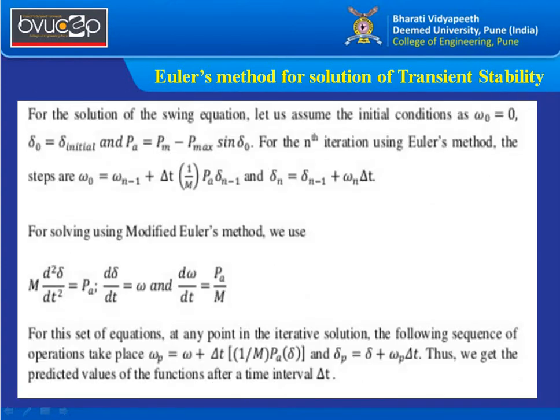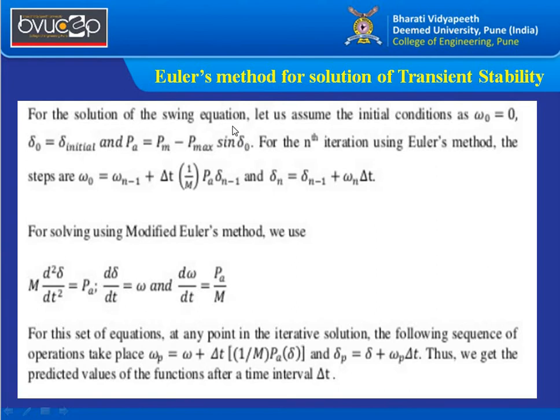So let us see how it is applicable for swing equations. We assume the initial conditions omega naught equal to 0, delta naught equal to delta initial, and PA, the accelerating power, is the mechanical power minus maximum power into sine delta. Now this is part of the derivation we have obtained from the swing equation.